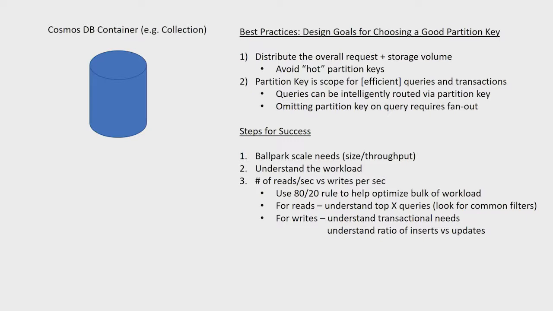And on top of that, because you're already doing this exercise, you also want to understand the ratio of insert requests versus update requests. Insert versus update actually has more to do with the object model and less to do with the partitioning, but you still want to think about that because it does have an impact on your design. Basically, if you have, let's say, a large unbounded array, and you have lots and lots of update requests that append to this array and grow it, over time these update requests are going to get more and more costly.